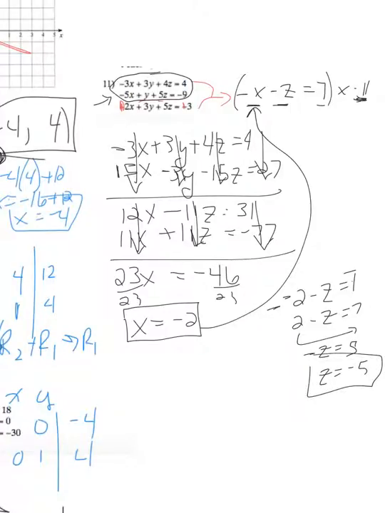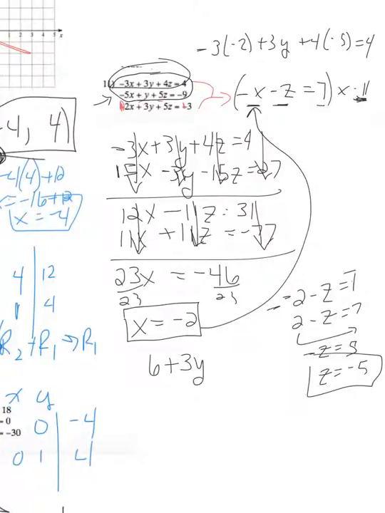And I'll just pick any equation to put them both into. So I think I'll just pick the very top one. So we've got negative 3 times x plus 3 times y plus 4 times z, which is negative 5, equals 4. Okay, so negative 3 times negative 2 is 6 plus 3y.